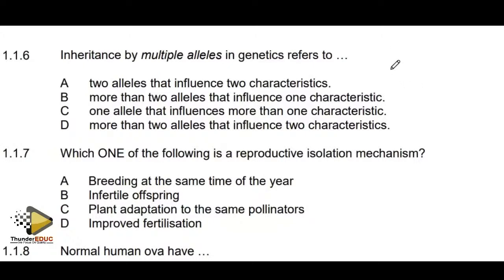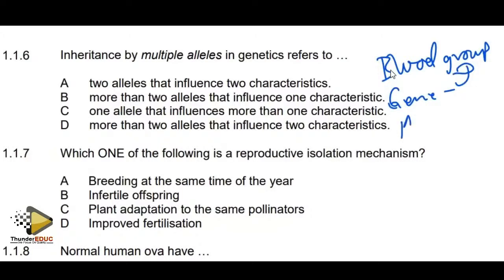A good example for this is blood group. It is 1 gene. Blood group is 1 character. And then, how many alleles are there? We have the allele for A, dominant; the allele for B, dominant; and the allele for O, recessive.